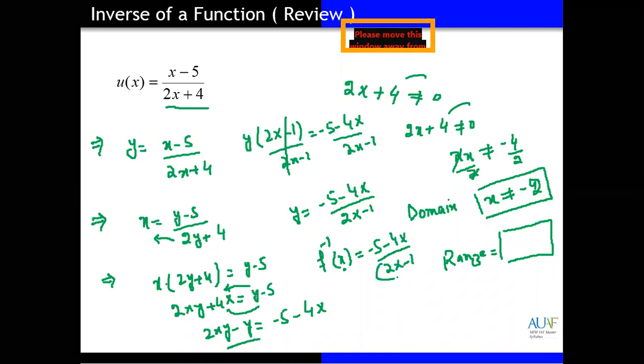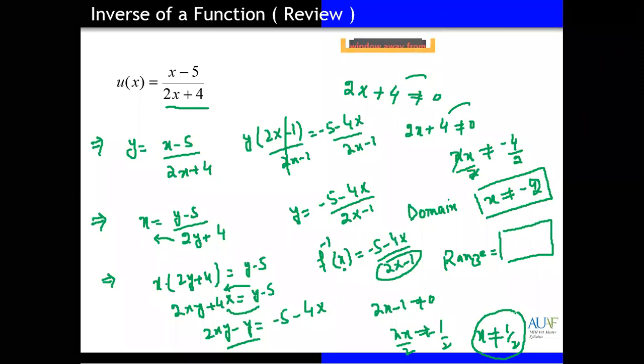So now put the denominator not equal to 0: 2x minus 1 not equal to 0, or 2x not equal to plus 1. Dividing both sides by 2, x is not equal to 1 over 2, plus 1 over 2.